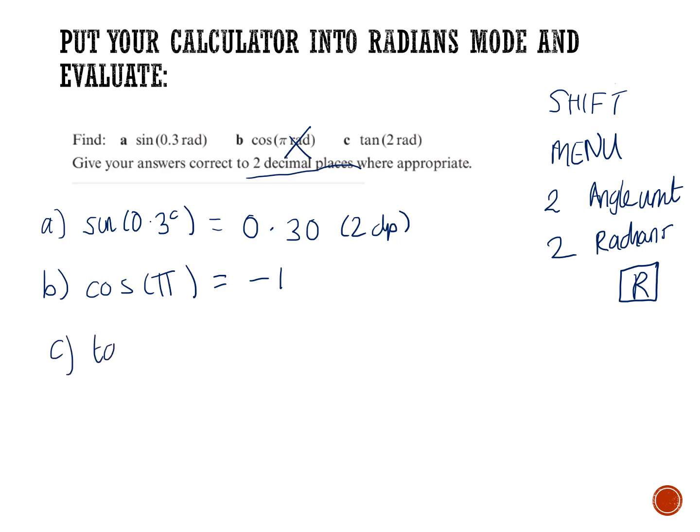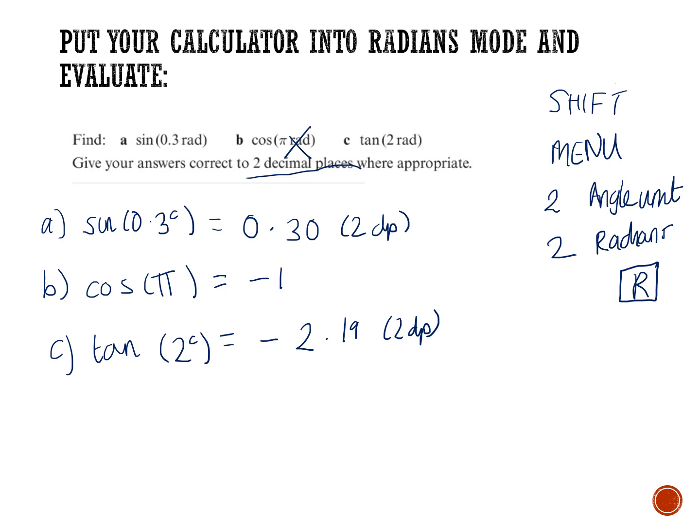And the last one, tan of 2 radians. You type in tan, you type in 2, you type in equals, and you round it: -2.19, rounding carefully to 2 decimal places. So we're in radians mode, and that's what our calculator is telling us.